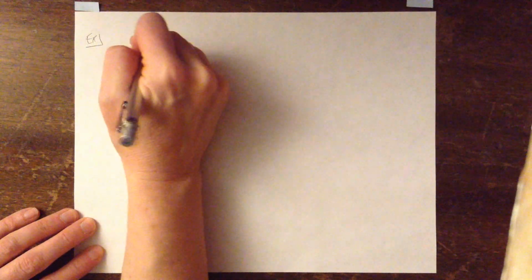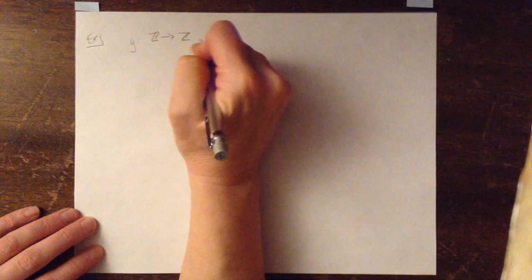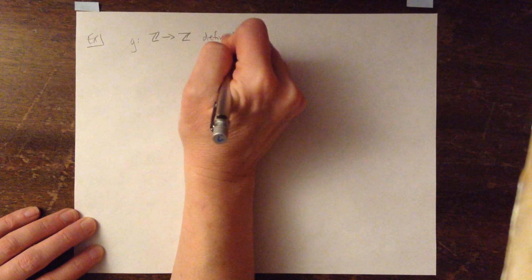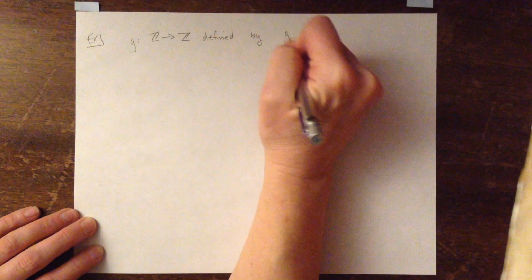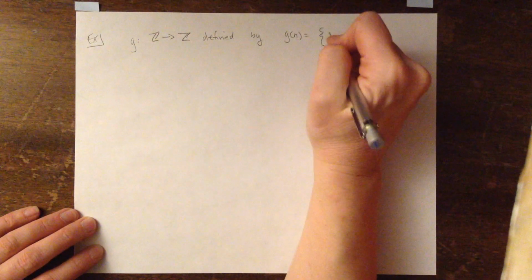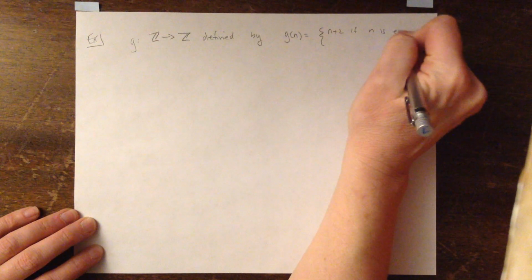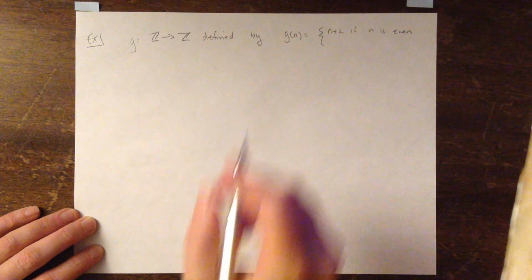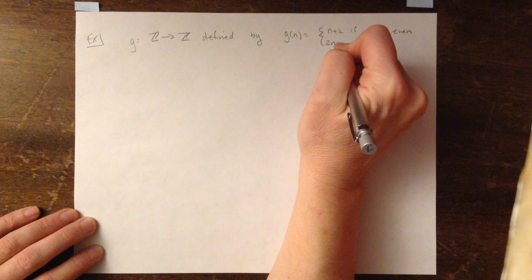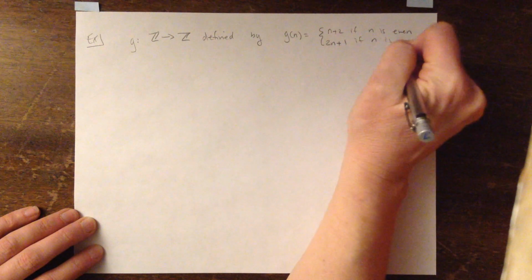P and I and F, so let me do G. From the integers to the integers, defined by G of n is equal to, I'm going to do a piecewise function, n plus 2 if n is even, and 2n plus 1 if n is odd.